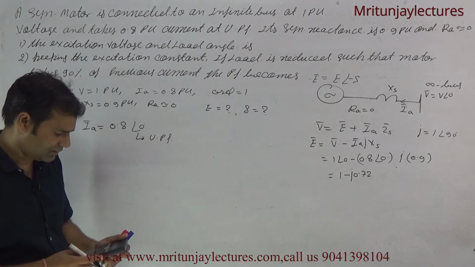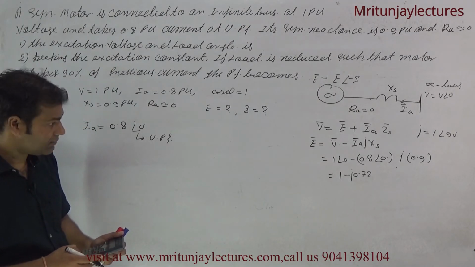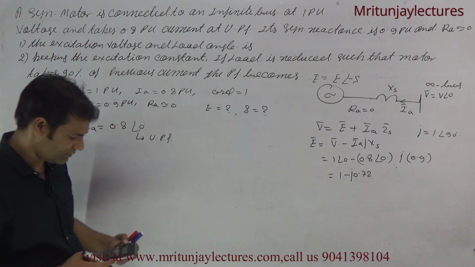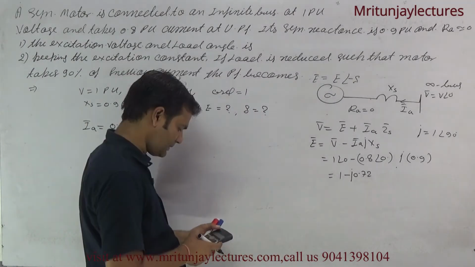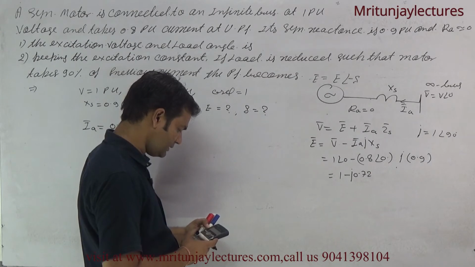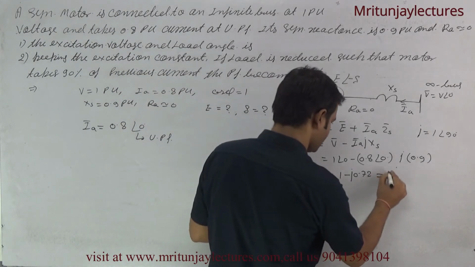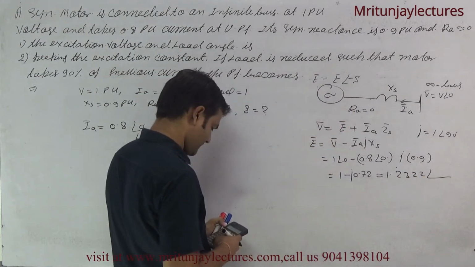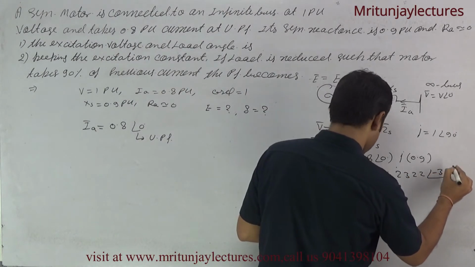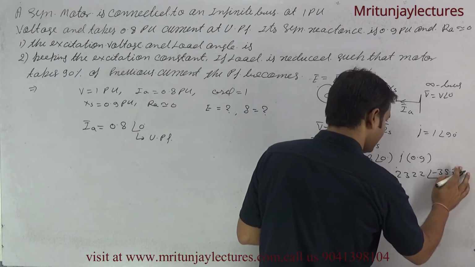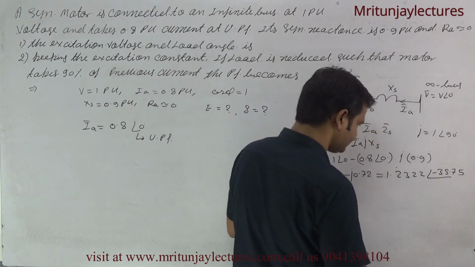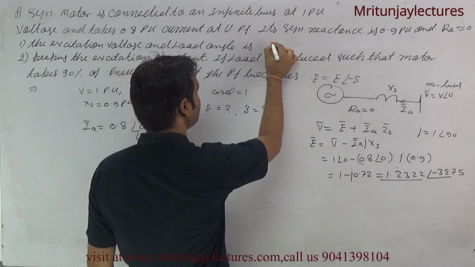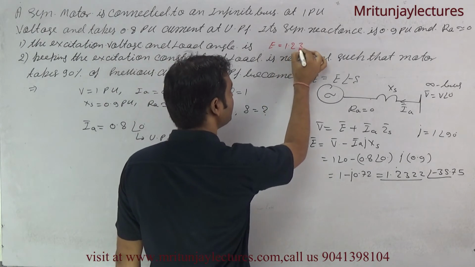Okay, now 1 minus j0.72 converted into polar form becomes 1.2323 at the angle minus 35.75 degrees. So the excitation voltage E is equal to 1.2323 pu.